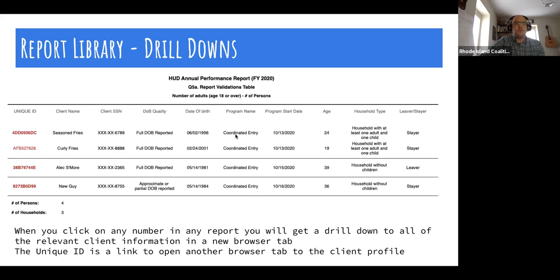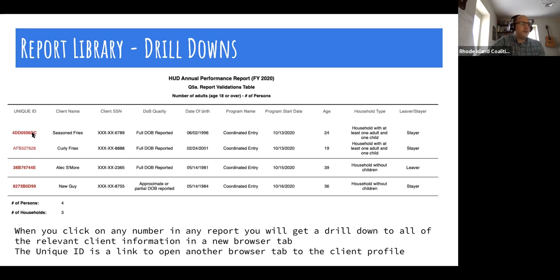And so it'll give you all of the information that results in that data quality error when you click on it. And it will pull up the unique identifiers and names of all of the clients.